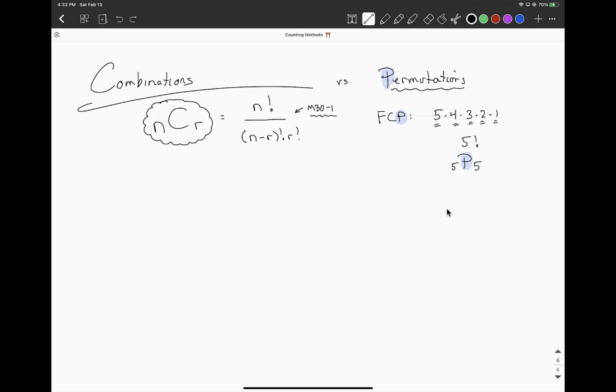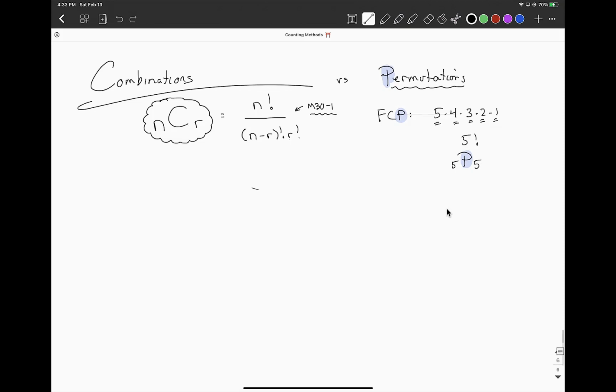Now, let me just create something really small. Here are 4 options, a sample space of 4.